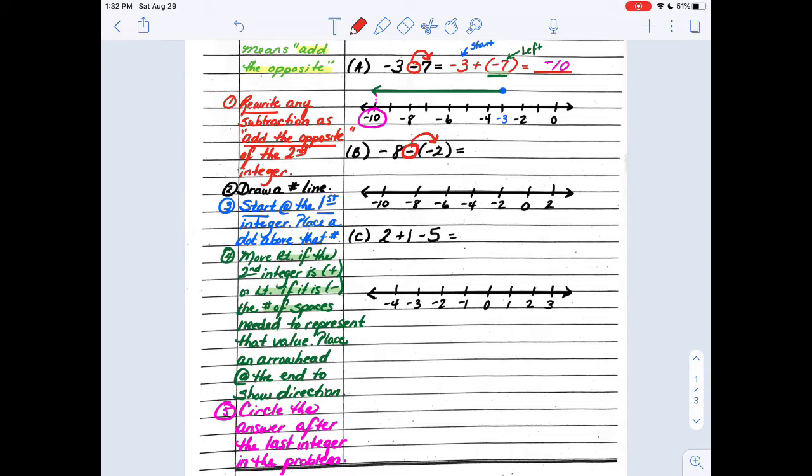So let's rewrite that. So now the problem -8 subtract -2 becomes -8 plus, and the opposite of negative 2 is positive 2. So we now have our problem: negative 8 minus negative 2 is the same thing as negative 8 plus 2.